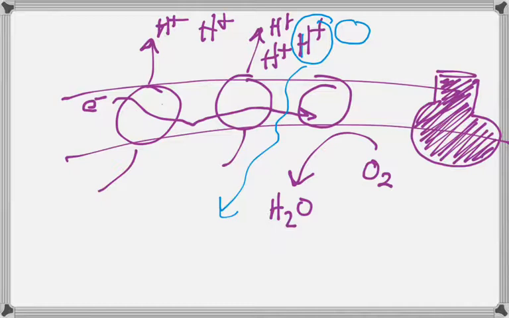Well, there's a couple of things we need to look at. What does this do to the electron transport chain? What does this do to oxygen consumption? What does this do to the hydrogen ion concentration, or the pH, across the membrane? And then what does this do to ATP yield? So let's just start with the pH.